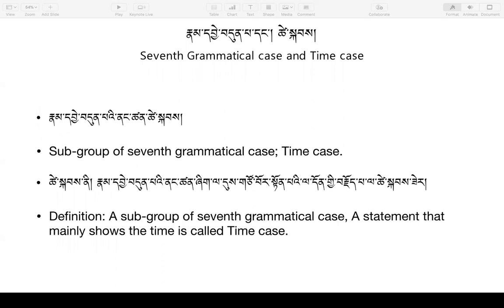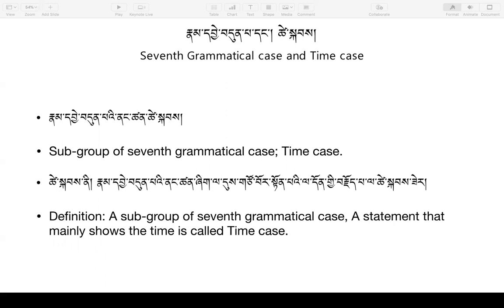Now the subgroup of the seventh grammatical case, the time case, sekap. So Tse talks about the moment or time when something happens. And Cup talks about the at the moment.